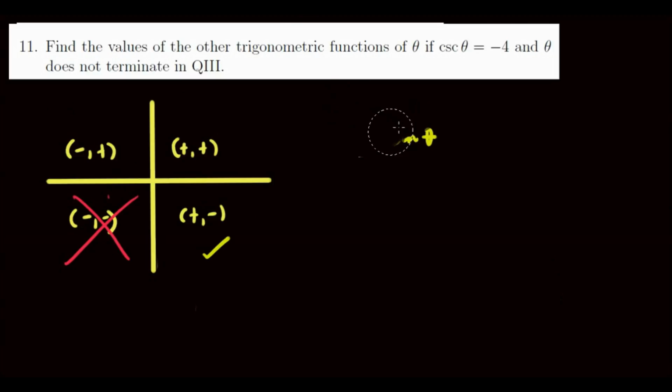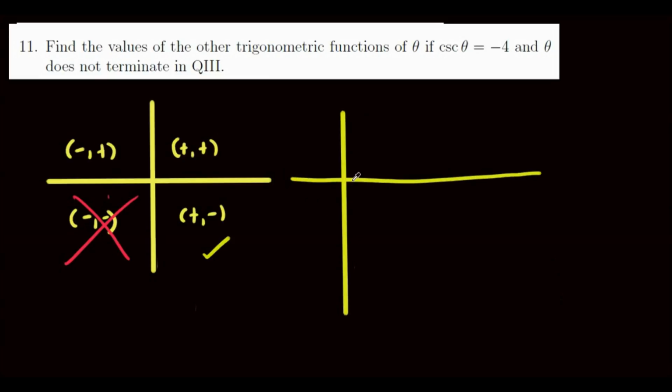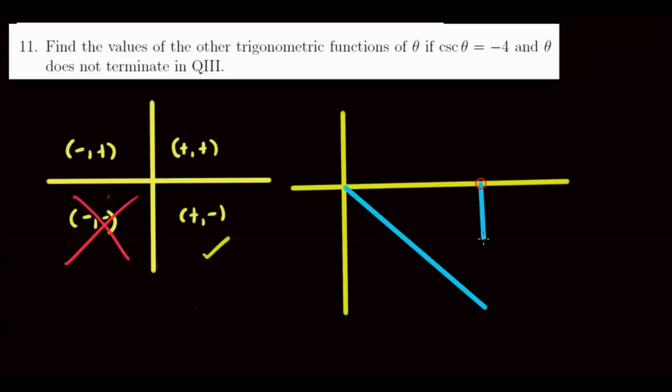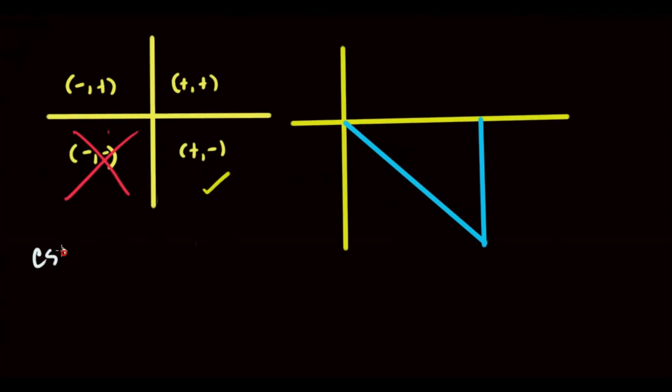Now, let's draw the triangle in quadrant 4. So, the triangle should look like this one. Now, ang given sa atin is cosecant theta, which is -4.